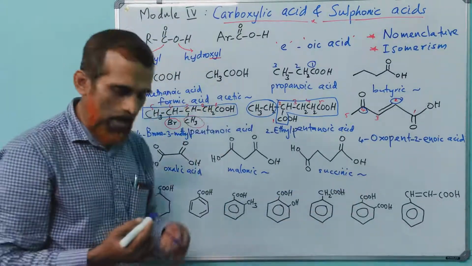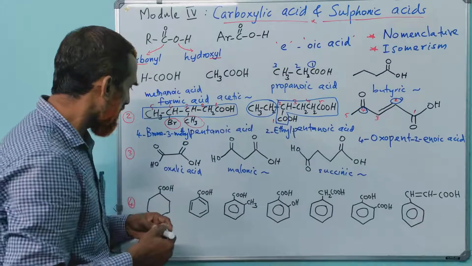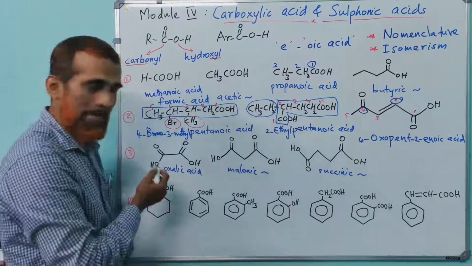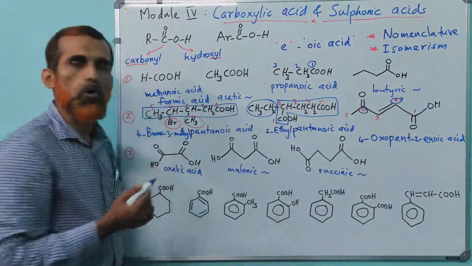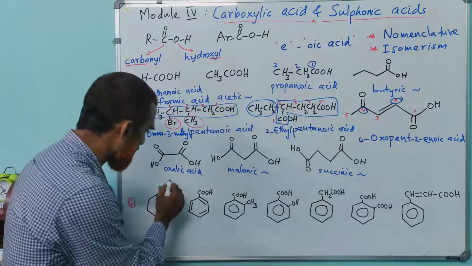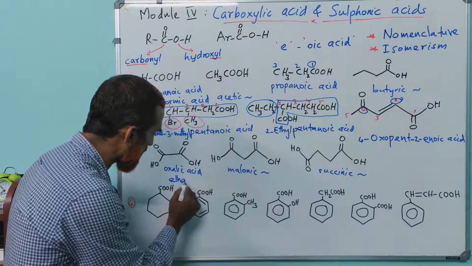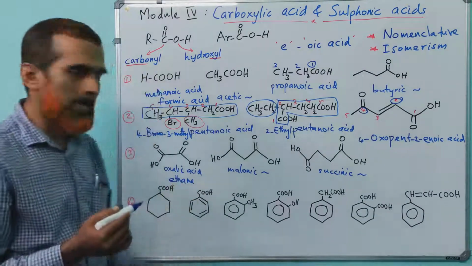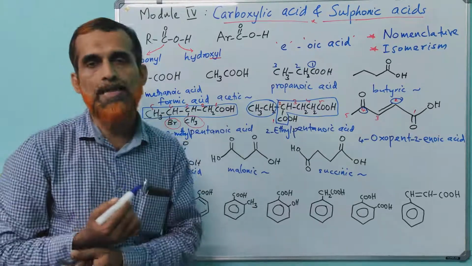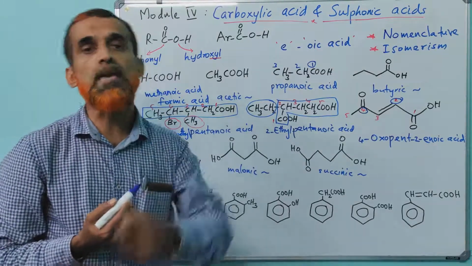Now, what about IUPAC names? The IUPAC name goes like this. See, 2 carbons, so it is ethane, right? It is ethane. Okay, and then when there are 2 acid groups, you have to call it dioic acid.